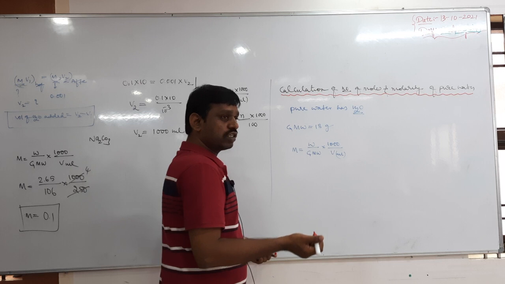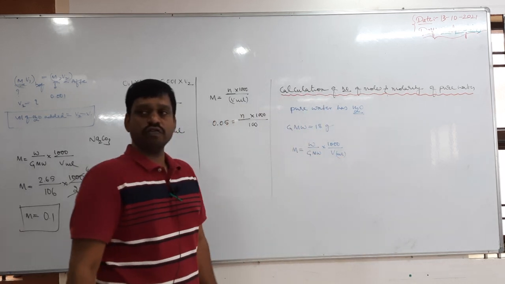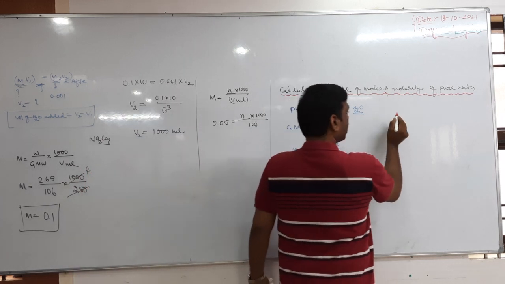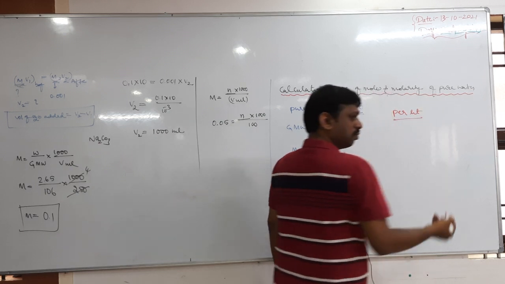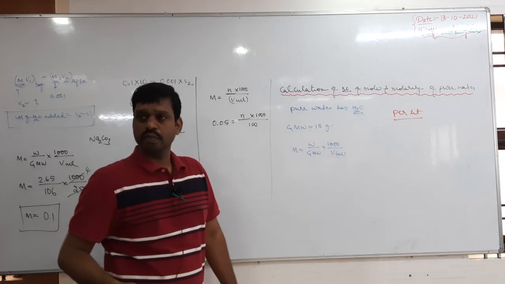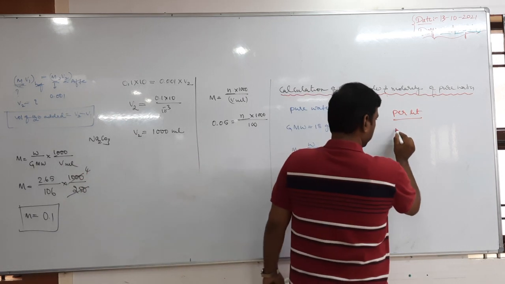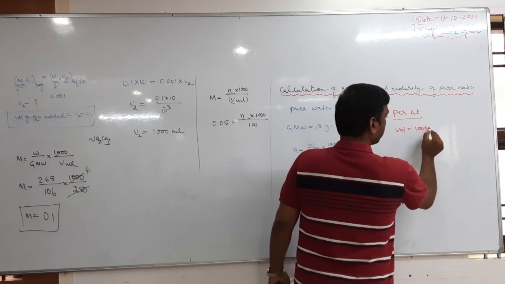The weight of water is not given, and moreover in the question also they will not mention the weight of water. But here we calculate per liter, because molarity we calculate per liter. Therefore, the volume of water is equal to 1000 ml.